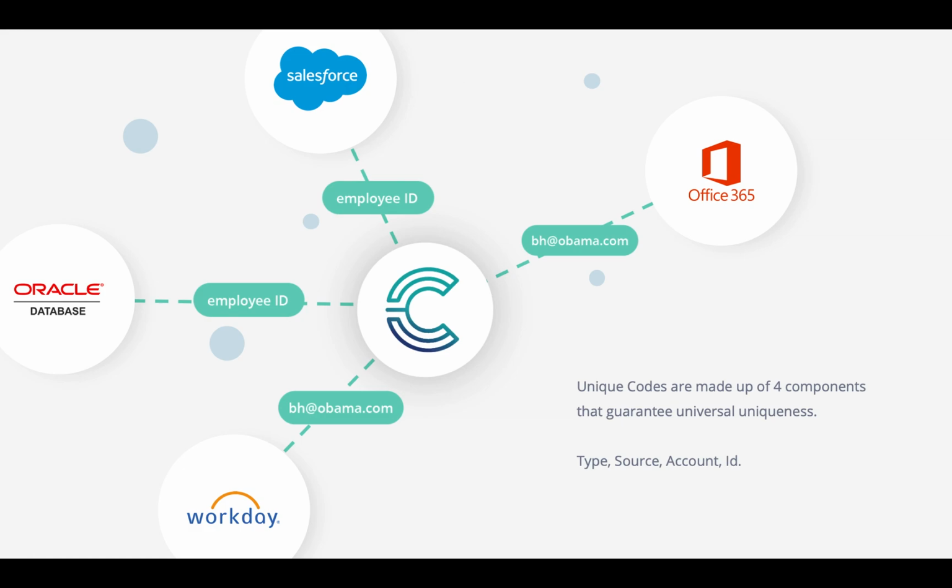So even if we were to plug the same source system into 2 different Clued-in accounts, they would have their own unique identifier. Because of this, of course, we can't just use IDs. And that's why these unique codes are made up of 4 separate components that guarantee universal uniqueness.